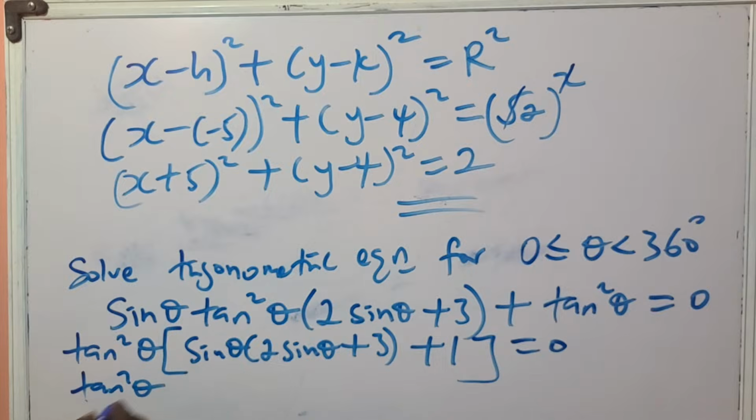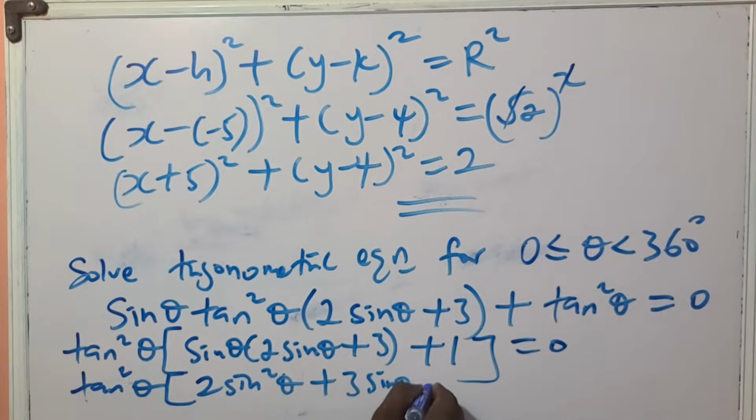So we have tan square theta, then we are left with 2 sine square theta plus 3 sine theta plus 1, all right, equals 0.